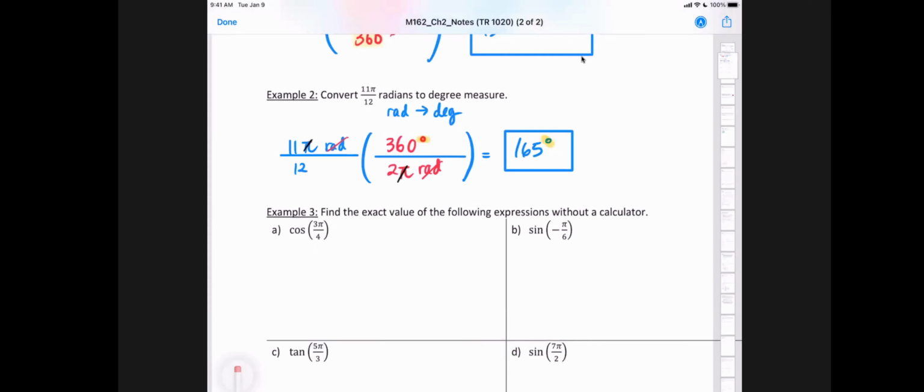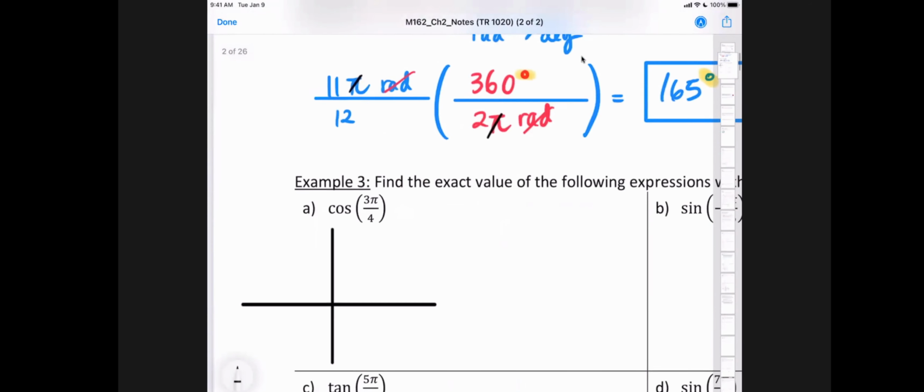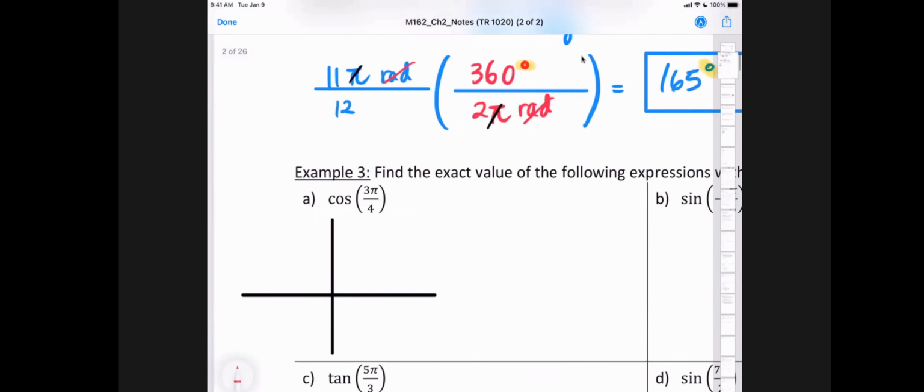So let's map out 3 pi over 4. The denominator is 4, which means we're cutting in quarters, linked to 45-degree angles. I'm going to start from the initial side at 0 and make my cuts of fourths until I get to 3 pi over 4.